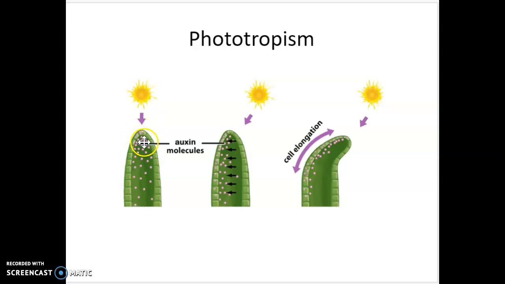The auxin molecules will just be at the shoot, they're going to elongate, and it's going to grow towards it. When the light comes from the side, you can see these auxins distribute on this side. Because they're distributed on that side, these cells elongate, and these cells stay the same. Because these cells got longer, it grows towards the sun, so it bends. It's all to do with the bending of that shoot.